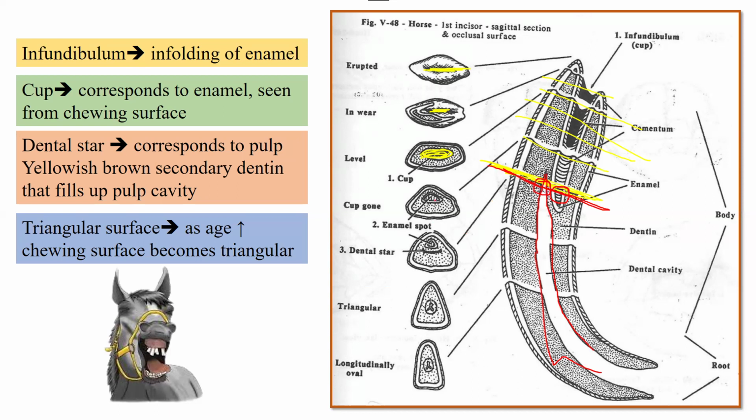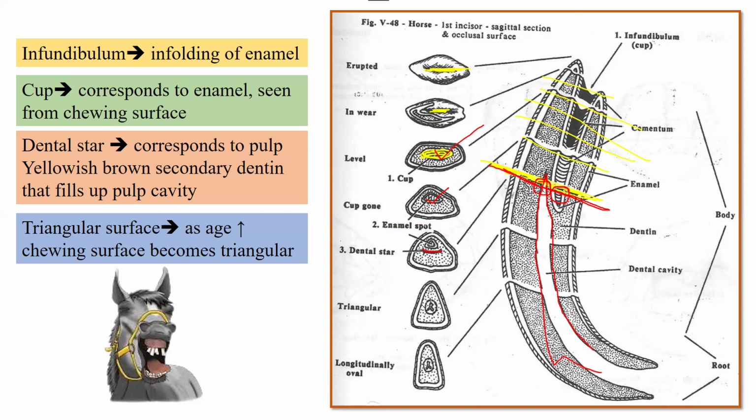We know this is cup, and later on, at this stage the cup is called enamel spot because it is about to disappear. And alongside you will see this black mark. What is this black mark? Basically this is the pulp being exposed.